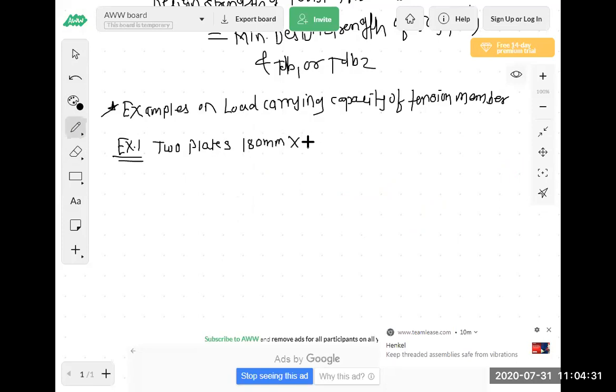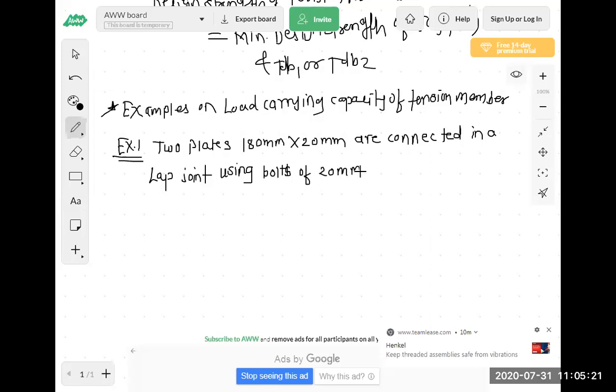Two plates 180 mm by 20 mm are connected in a lap joint using bolts of 20 mm diameter as shown in figure.